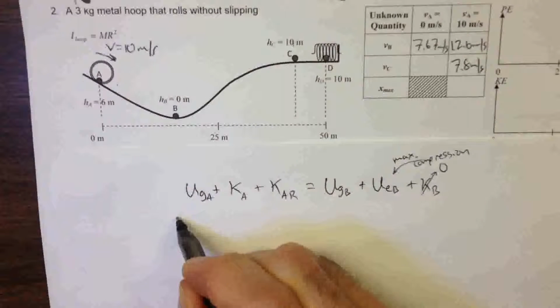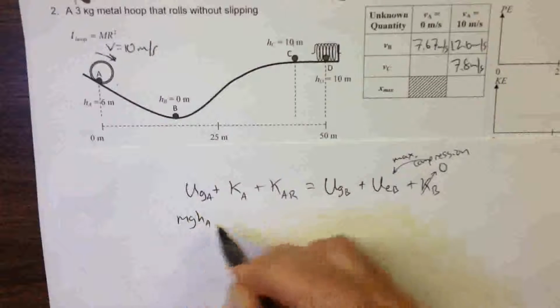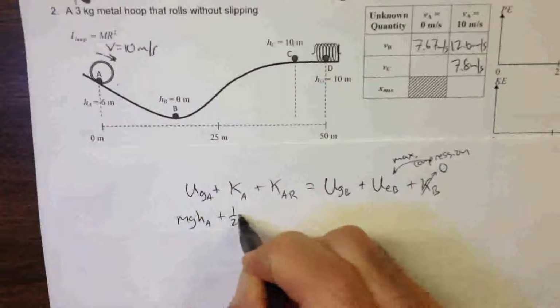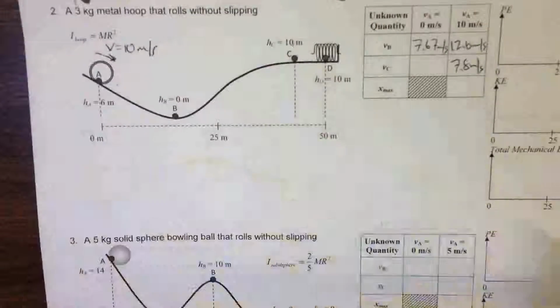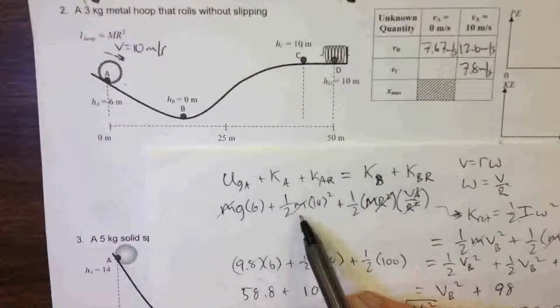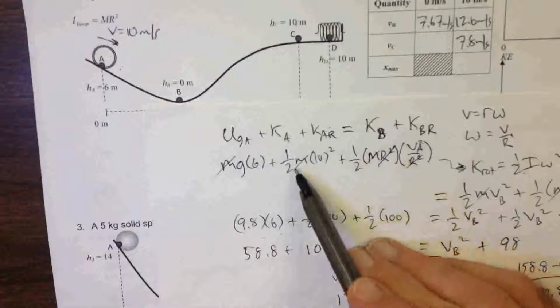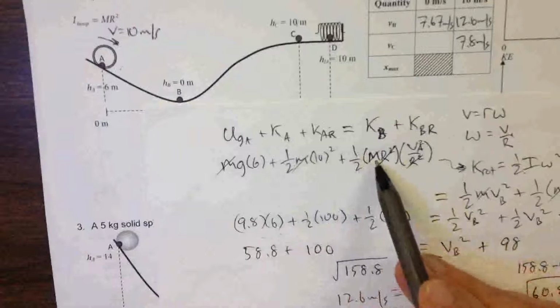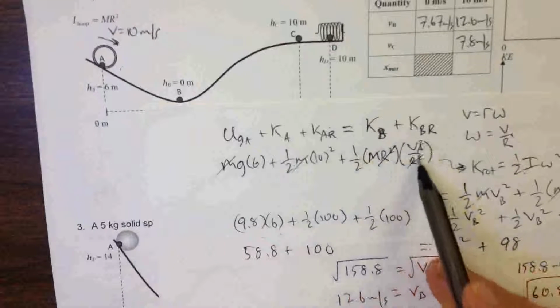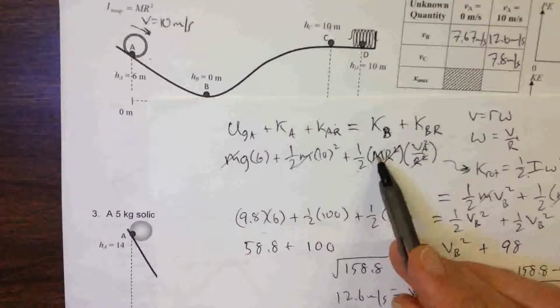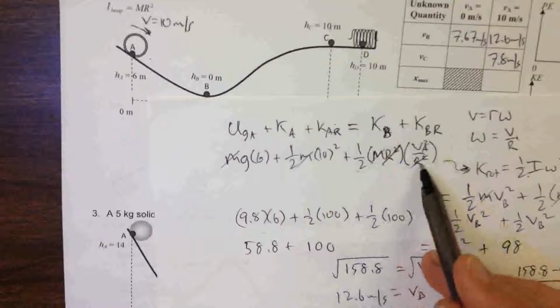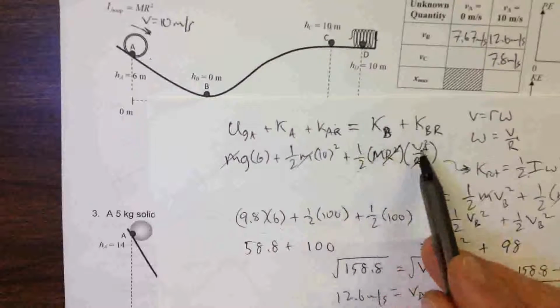So let's go back in time here a little bit. mgh, height at A, plus half mva squared. And you might remember that out of this we had 1/2 mr squared times va squared over r squared. We ended up with a 1/2, and I did cancel out the m's, but the r's canceled, so we'd have this 1/2 mva squared.